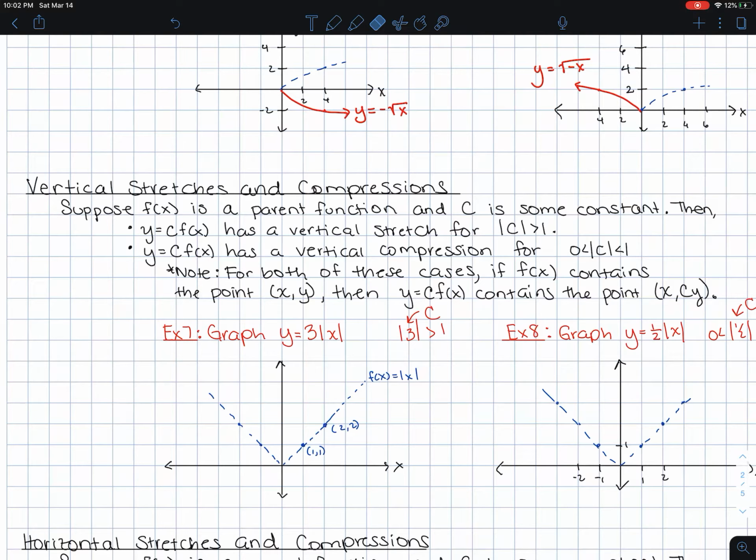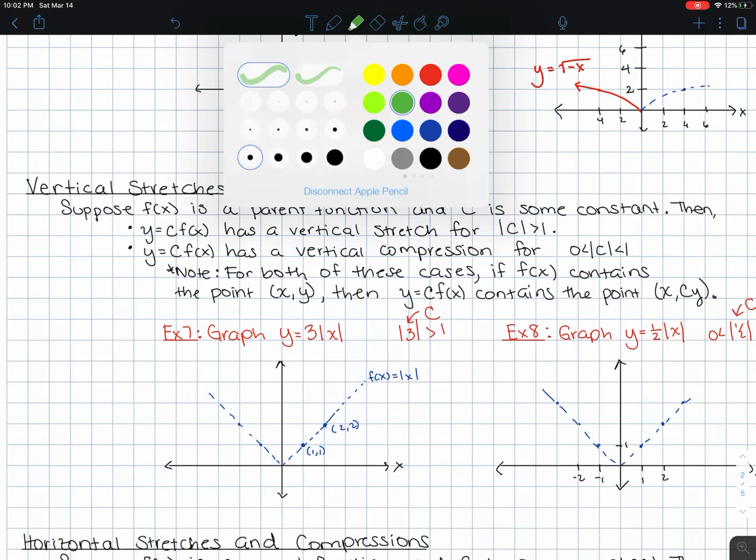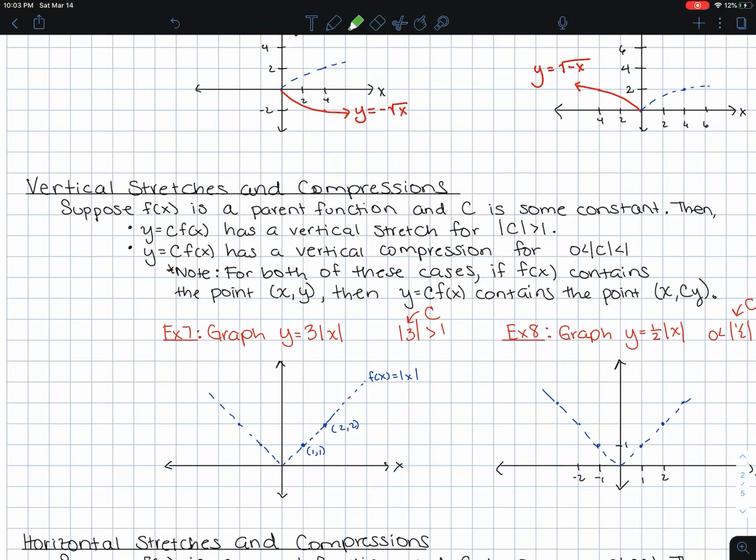Suppose you have a parent function f of x and there's a constant in front of your parent function. Then there is a vertical stretch for absolute value of c greater than 1. But if that constant is between 0 and 1, then there's a vertical compression. Notice here, let me highlight this so you can see it.